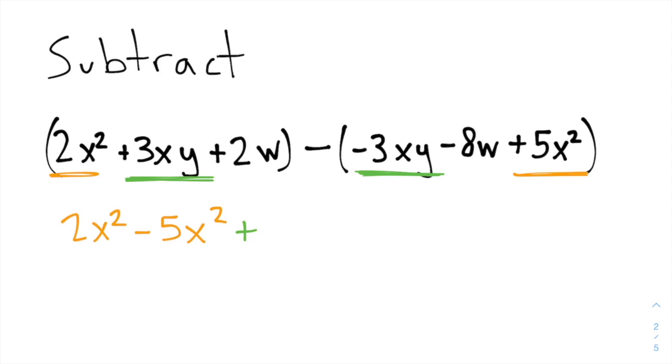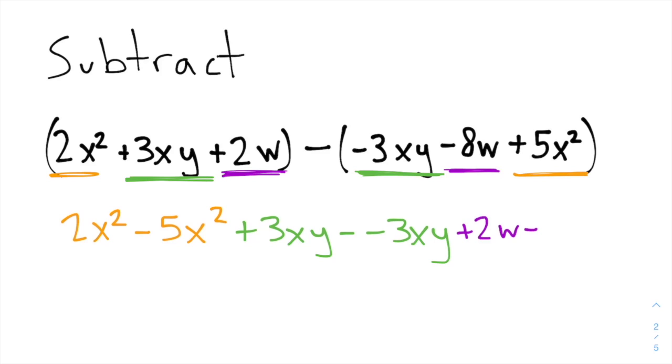It's going to give me plus 3xy minus negative 3xy. Then I have a plus 2w. I'm subtracting a negative 8w, so plus 2w minus negative 8w.